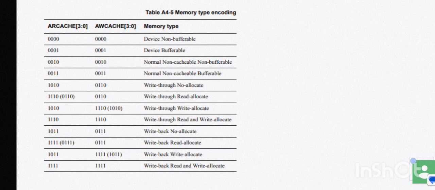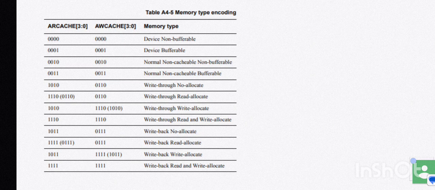Transactions are modifiable. Reads can be prefetched. Writes can be merged. Cache lookup is required for read and write. Same ID overlapping transactions remain ordered. No allocate: cache allocation is not recommended.